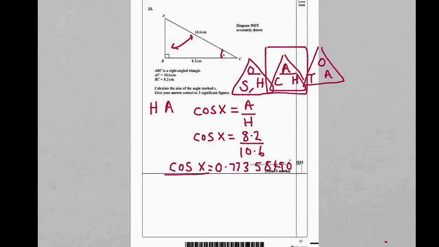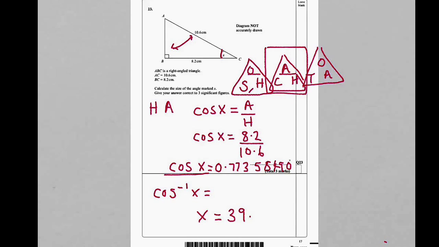So I take the inverse of cosine, and that means that we are taking the shift button, so we're doing shift, cos, and then we're using our answer that should tell us that X is equal to 39.32308918.